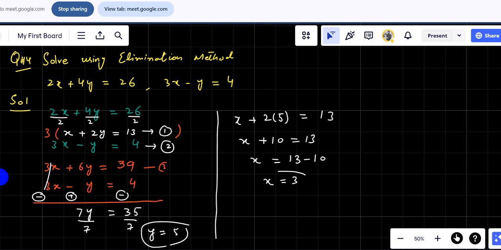Yeah, perfect. So this is the solution set here. In this solution set, we have 3 and 5. Can you please check whether these answers are correct or not? How can we check it?